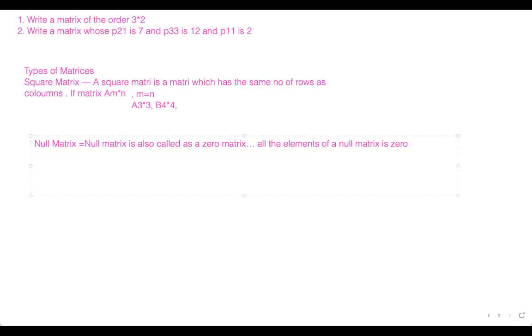Example, A is equal to okay. This is called as a null matrix.